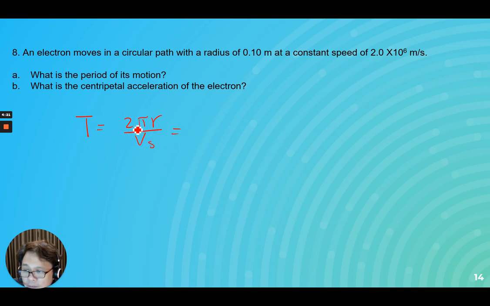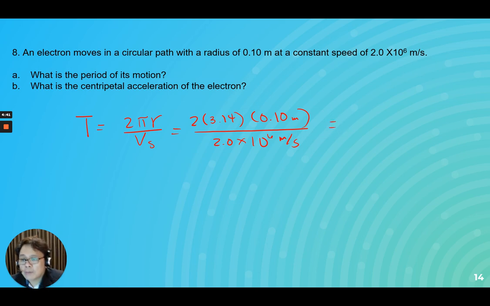Okay, so we have this from the second slide. Okay, so 2 times 3.14. The radius is 0.10 meters. And the V sub s is given 2.0 times 10 raised to the 6 meters per second. Okay, so let us compute.